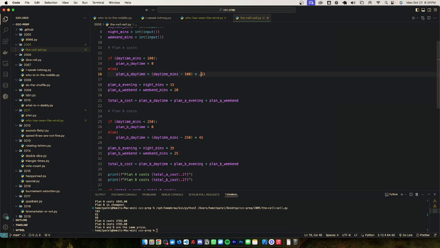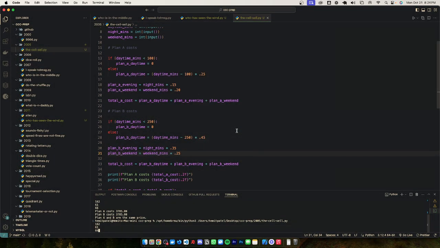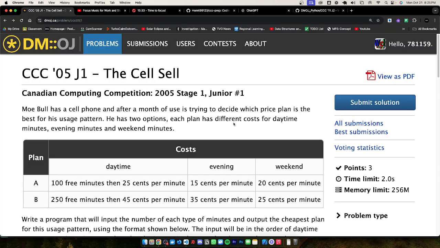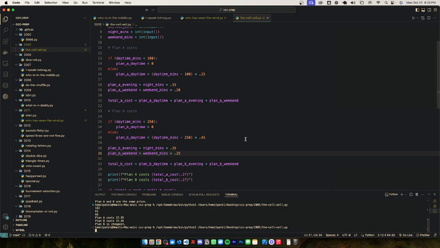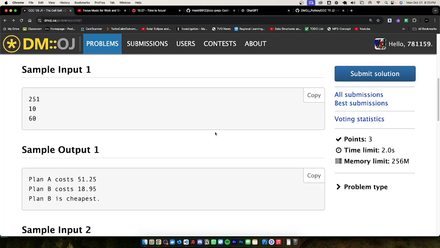So it's gonna be 0.5 and 0.15, and now the same thing. There we go. And then add this, paste. There we go.